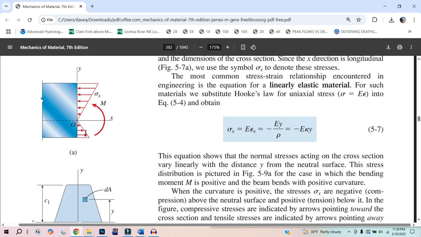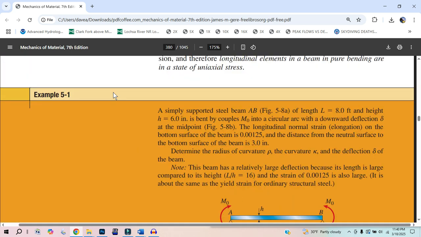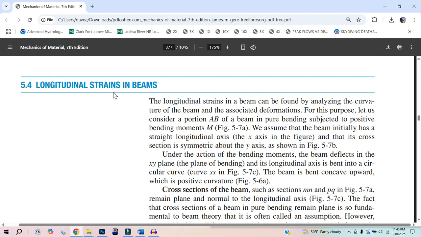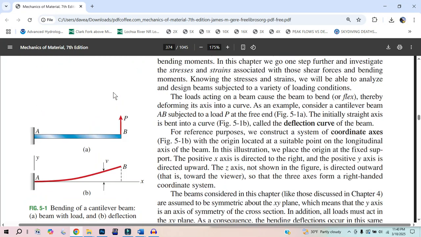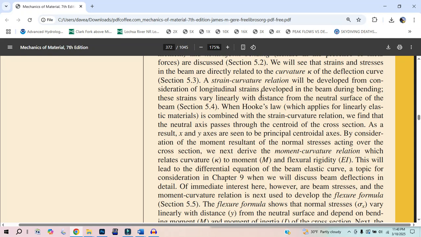And so this side will be larger than that side, and that's a case that we talk about later on in chapter 5 or chapter 6. All right, hell yeah. So that's just kind of interesting how, especially in an introduction, you read a textbook, especially when an introduction says by consideration of the moment resultant.